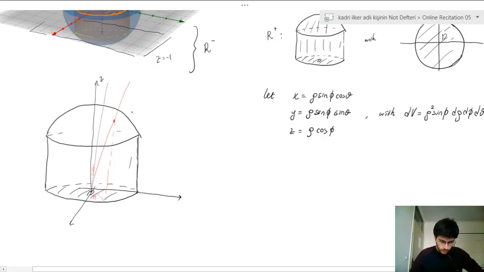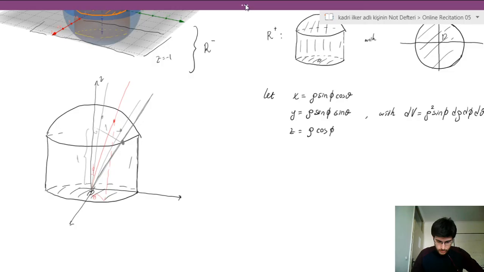That one, no problem. This point, no problem, until we hit exactly the curve of intersection over here. Now we hit the curve of intersection, so we have some distance over here. Remember, this is 1, so we have a unit sphere.